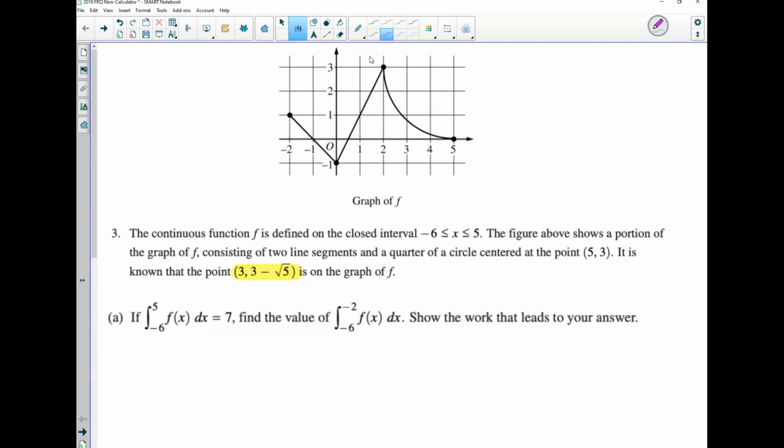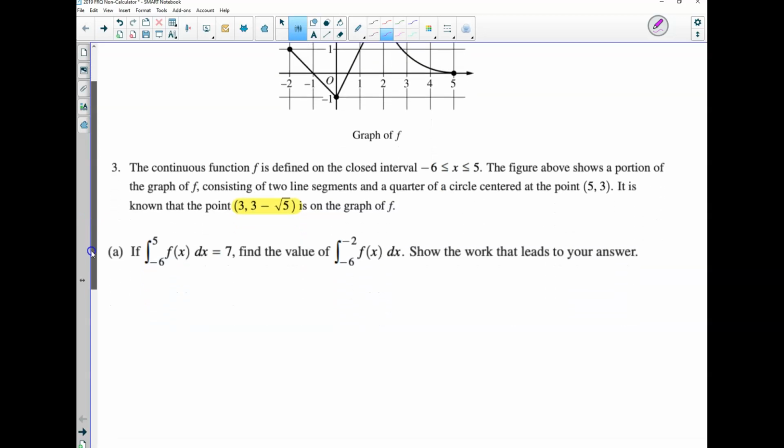Everything will be. And if the integral from -6 to 5 of f of x dx equals 7, find the value of the integral of -6 to -2 of f of x dx and show the work that leads to your answer. I found this one pretty easy.